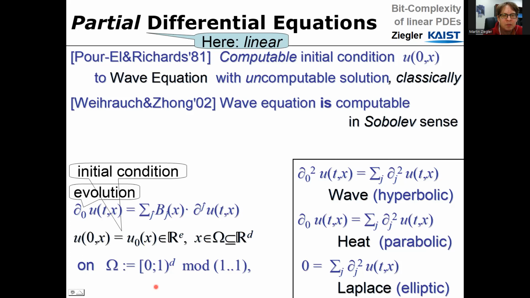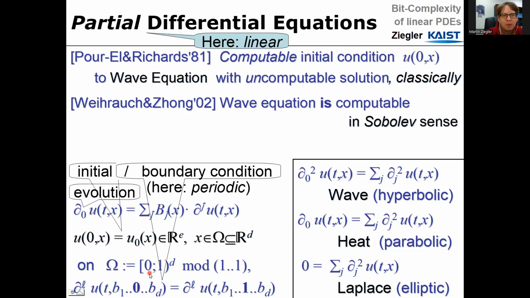Here we're going to take the d-dimensional torus as domain, which means things wrap around at 1 back to 0 in all d directions. Boundary conditions mean not just that the function values for the initial condition, the solution and the coefficient functions must satisfy this, but also their derivatives must wrap around. So that's our setting to talk about computational complexity: periodic boundary conditions.